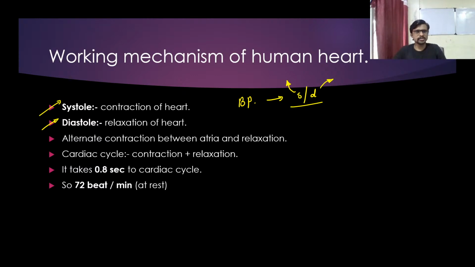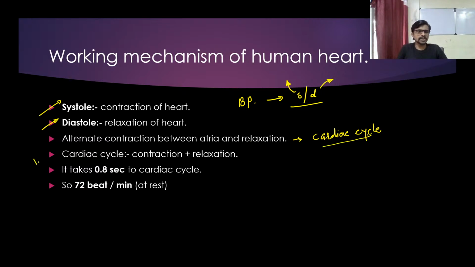Please ask me. The alternate contraction and relaxation between atria and ventricle, we call a rhythmic cycle or the cardiac cycle.